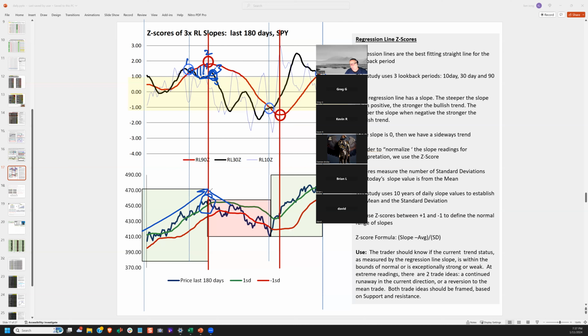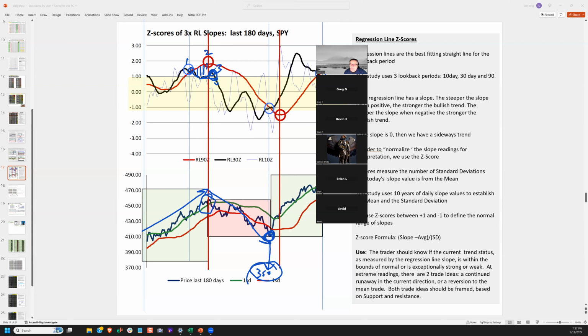And now what happens? You get about a 4 month horrible sell off from 470 down to 410. That's a 15% sell off. And you will recall that there was a real serious concern when price was here that it was going to drop all the way back to 360. But it didn't.